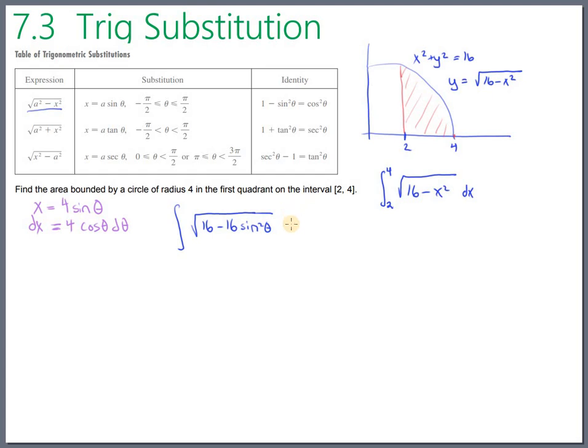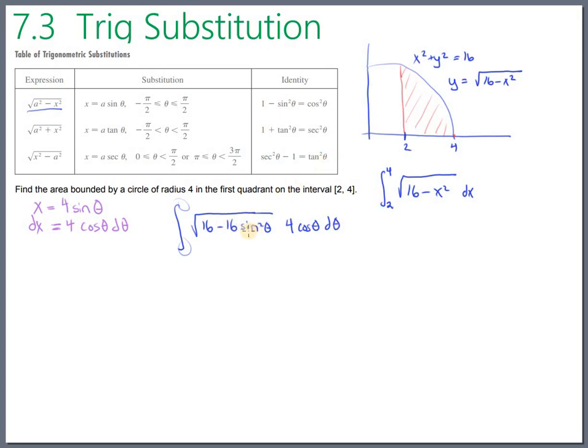The dx needs to get replaced by, unfortunately, a more complicated expression, but it's going to be worth it, by 4 cosine theta d theta. I'm going to leave the 2 and the 4 off for the moment. Those are x limits. There are some corresponding theta limits. I could figure those out, but at the end of this problem I'm going to turn it back into x's, and I'll just plug in 2 and 4 when we get back to x.